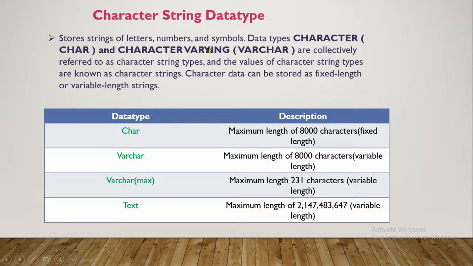If you want to store those, then we have to use a string. In a string we can store all types: symbols, letters, and numbers. If you use the character data type, then you use only letters. But in SQL, we can store letters, numbers, and symbols in character strings.